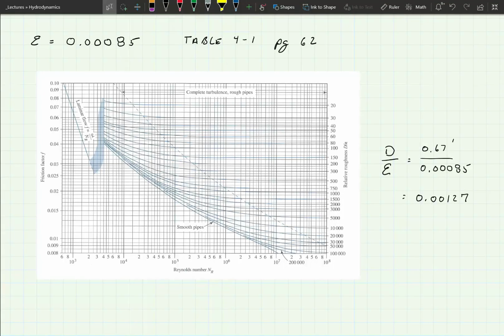Wait. The Moody diagram is different in your book. Okay, sorry. The Moody diagram in your textbook uses epsilon over D, which is 0.00085 over 0.67, and that is 0.00127.